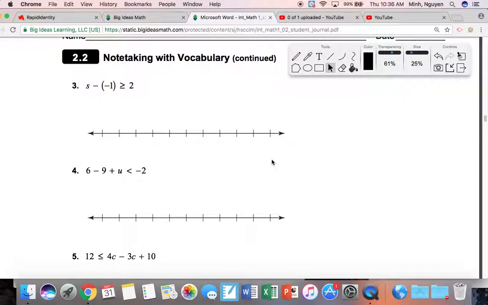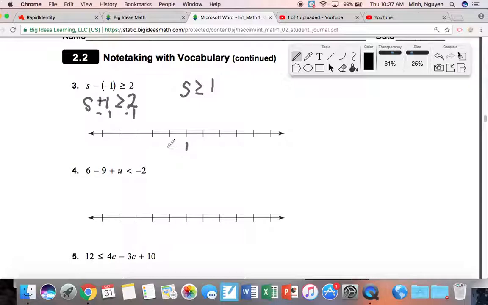S minus negative 1 is really S plus 1. Two negatives make a positive, but please don't apply that to life. S minus 1, if you do it on the left side, you've got to do it on the right side. S is equal to or greater than 1.